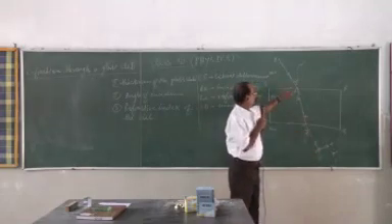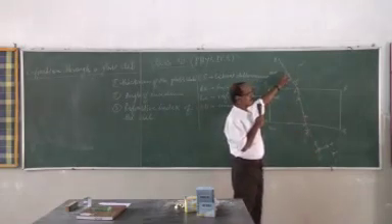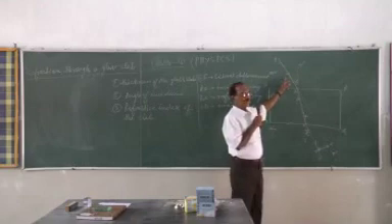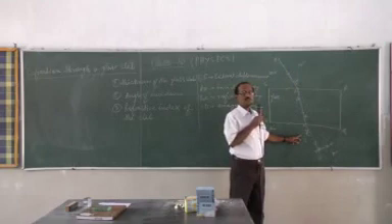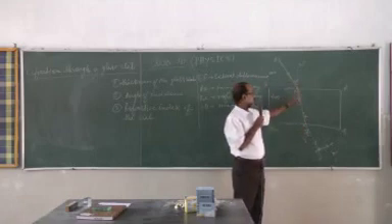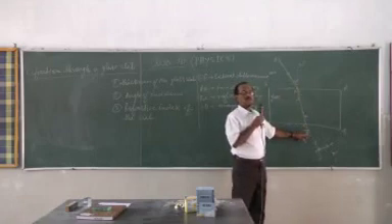And if a ray of light started from air and going inside glass, again emerging out in the air, then these two angles will be equal. That is, angle I will be equal to angle E, the emergent angle.